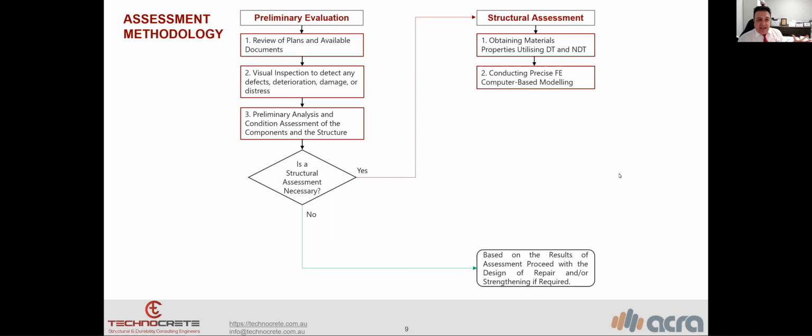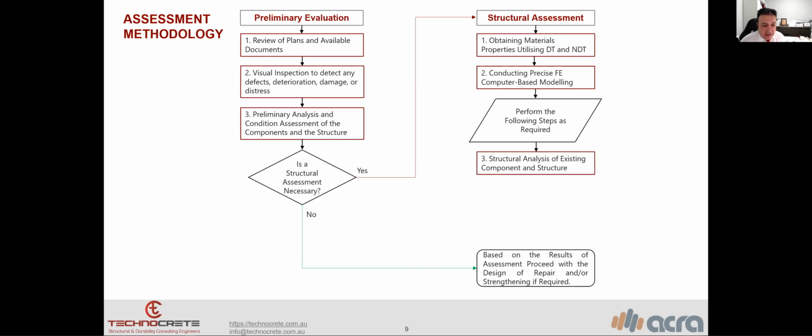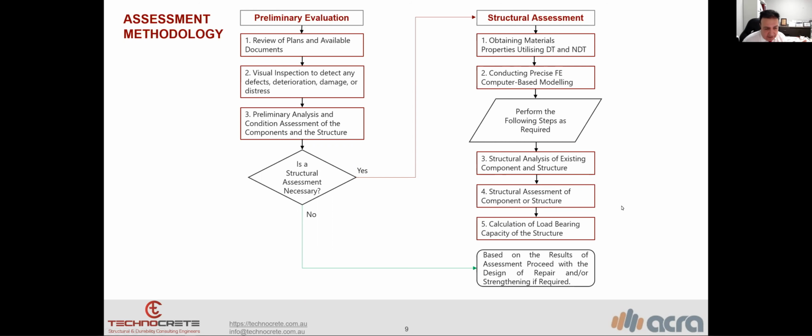After that, when we gather and collect the data from the on-site investigation, we conduct the finite element computer-based modeling. Then the structure will be modeled and analyzed, and the structural assessment will be the outcome. And then we can estimate or calculate the load-bearing capacity.